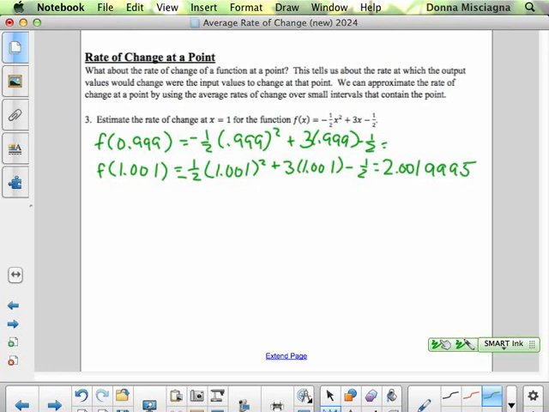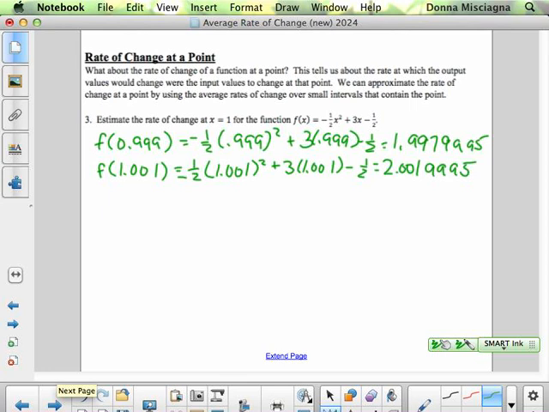Now what did you get for the top one? 1.9979995. It's just 2 nines for the first one. There we go. Oh, that looks much better. That looks very close together. And if we were to plug 1 in there, we would get 2.